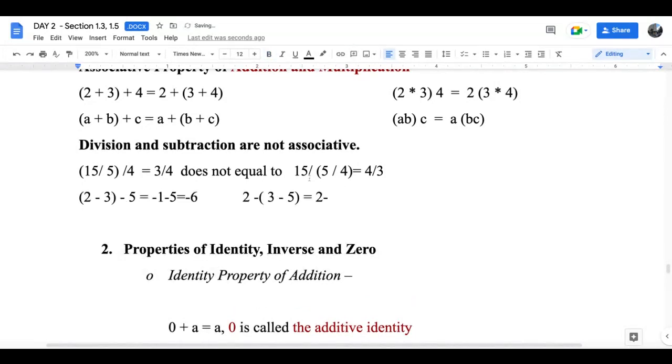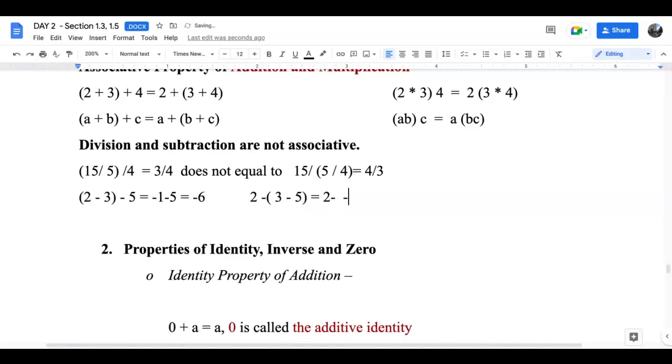Let's do one subtraction. If I do those two first, I get -1 minus 5, which is -6. But if I group those two first, subtract 3 minus 5, that makes a difference, right?